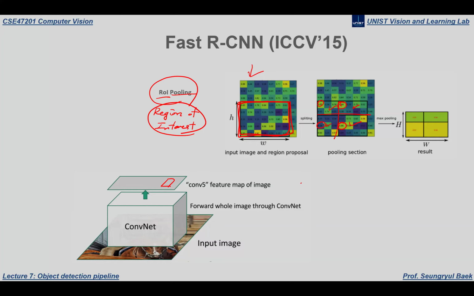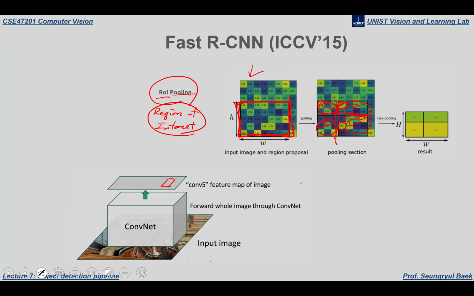How large this bounding box is is not important, but the number of these subsections is now becoming important, and they have fixed dimensions. Are you guys understanding this?